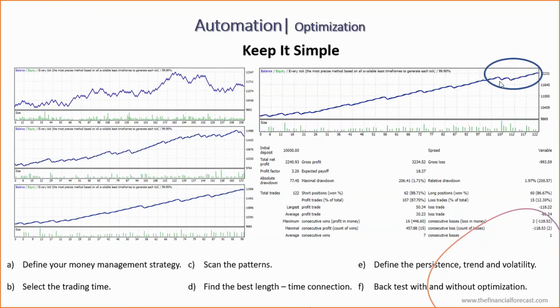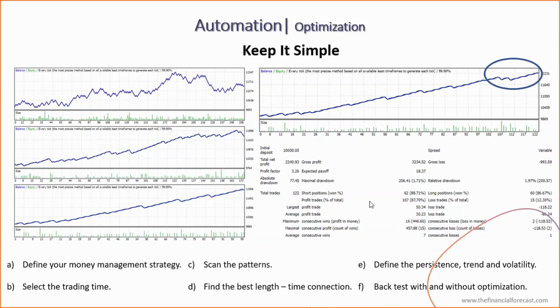We see a piece that was tested without optimization, and we can see a continuation of the equity curve. That gives you more certainty about the accuracy of your pattern. So then you can put it live and check how it works. But this gives you more insight that you created a successful strategy.